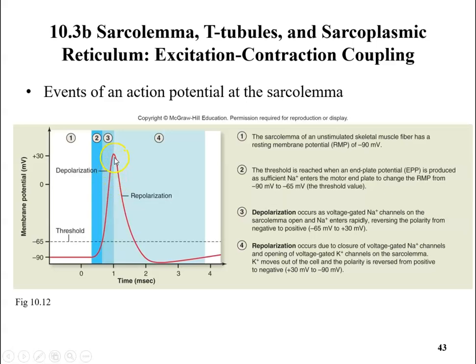And this is your depolarization right here, this step. This occurs as voltage-gated sodium channels on the sarcolemma open, and sodium enters rapidly. And it's going to reverse the polarity from negative all the way up here to positive 30 millivolts, okay? So that's your depolarization step. Then those sodium channels close, and the potassium channels open.